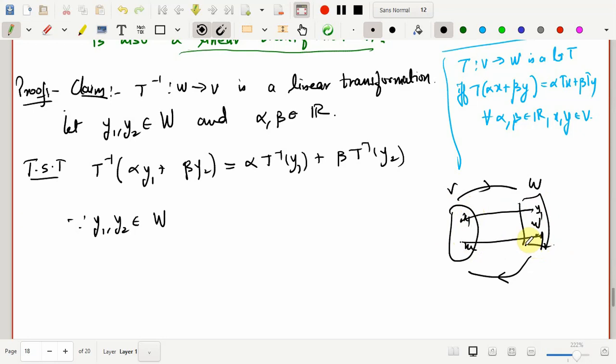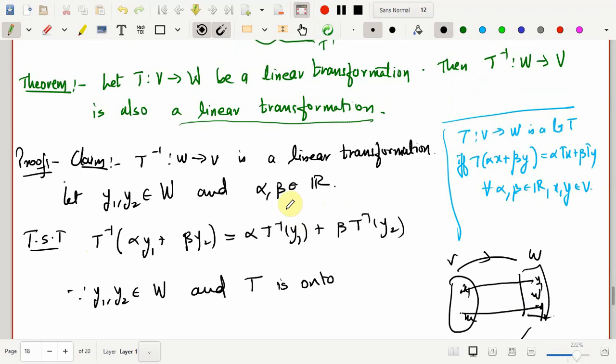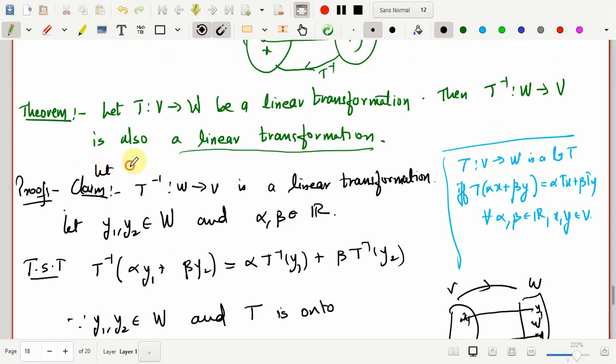Is it true? This would be true provided this T is onto, in which case W would be same as the whole of range of T, and therefore any point belonging to W should have a pre-image. Okay, so since y1 and y2 are in W and T is onto, why is T onto? Because, first of all I should have mentioned that let T inverse from W to V exist, which means that let T be a linear transformation.